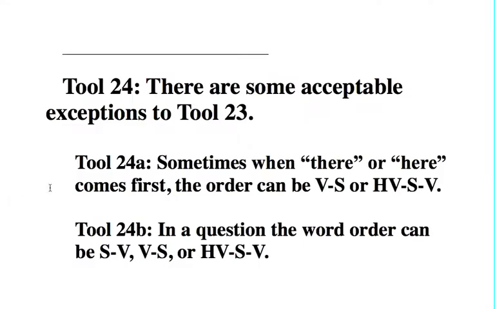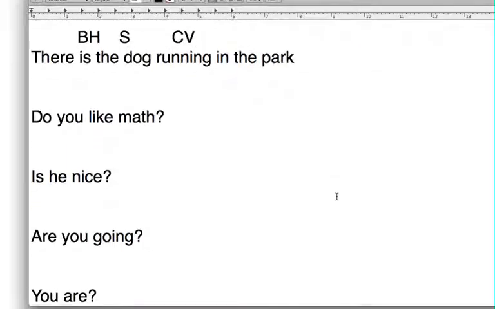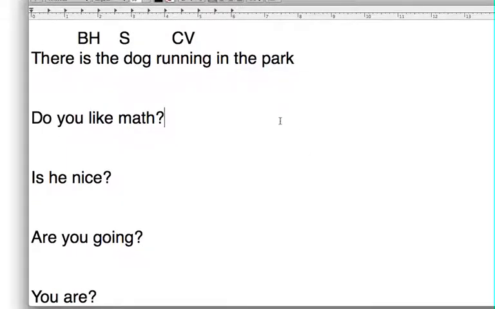Okay, back to our tool. 24b says, in a question, the word order can be subject verb, verb subject, or helper verb, subject verb. In this case, be helper and continuing verb here. So write that part down. Okay, got that one? Let's look at some of these. Do you like math? Well, again, it might help to sort of straighten this out into a statement.